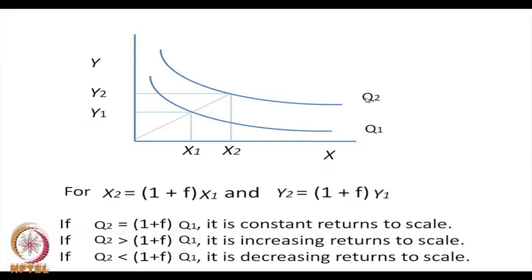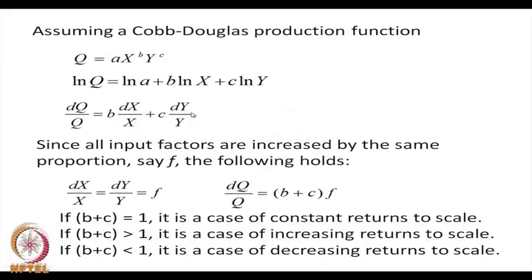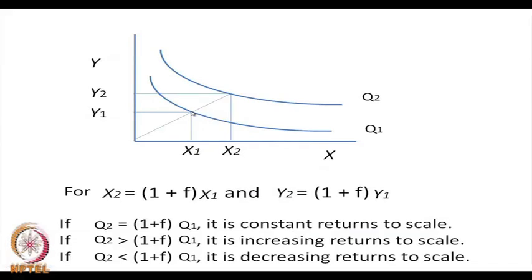We are assuming q2 is higher than q1, and here we are saying suppose that the firm is operating at this point, giving an input x1 and the other input y1, getting q1, and suppose that x1 rises by a fraction f, meaning x2 is equal to 1 plus f into x1, and y also increases by a fraction f, meaning y2 equals 1 plus f into y1.